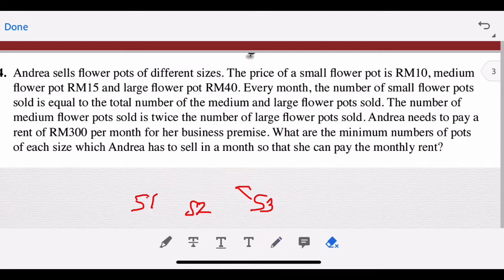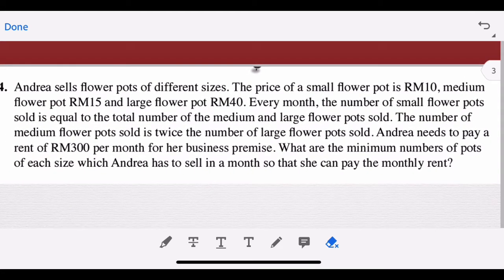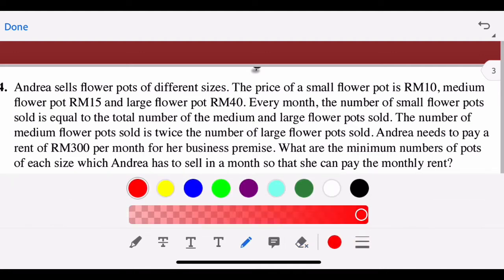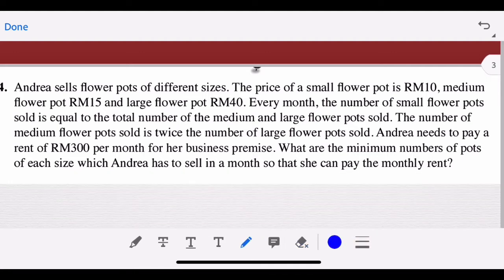So we are going to start with step 1, understanding the question. Let's read the question, and while we read, we try to define the unknowns. Andrea sells flower pots of different sizes.